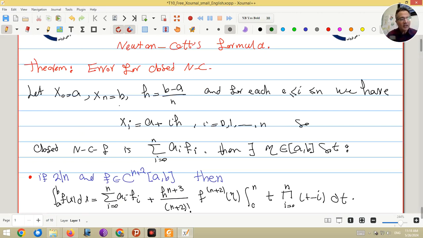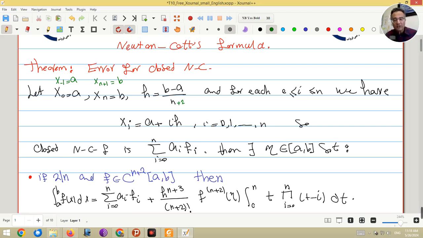Now, we have something very, very similar to this theorem, just some very simple changes. Let me do the changes here. We say that let x minus 1 be equal to a and x n plus 1 be equal to b and h be equal to (b minus a) over (n plus 2), sorry.